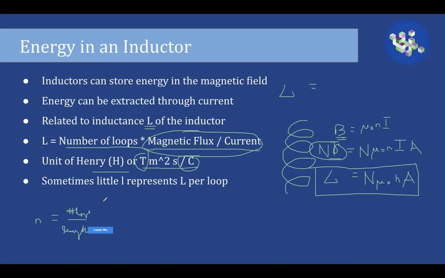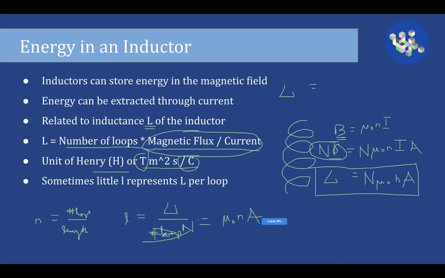We can also say that L is just L per loop. So if we do that, L per number of loops, and remember the number of loops is just the big N, so we can cross that out and write L over N, and that just equals mu zero times small n times the area.